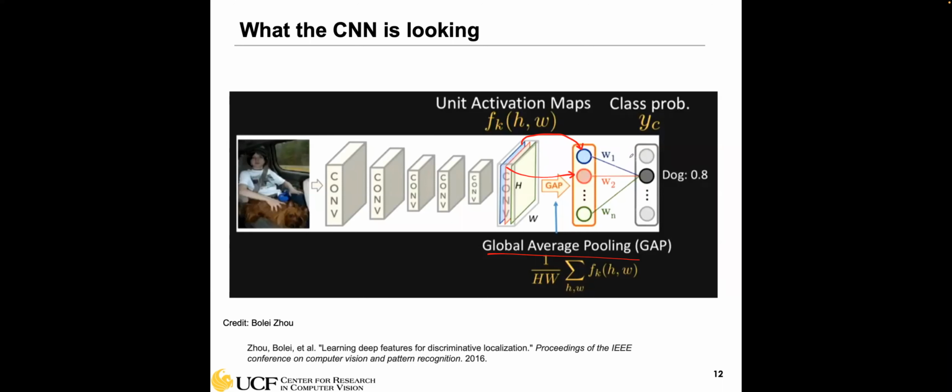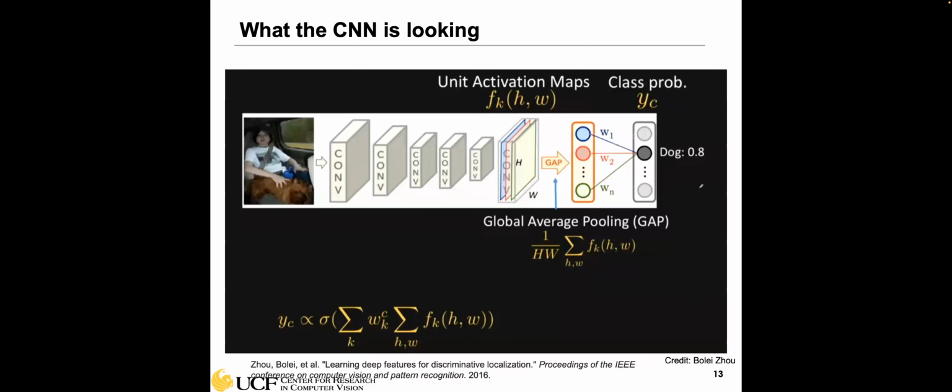And then you have a logistic regression, you have a weight, then you have this softmax to map your output into a probability between 0 and 1. So maybe here you make a prediction dog, which is 0.8 probability.